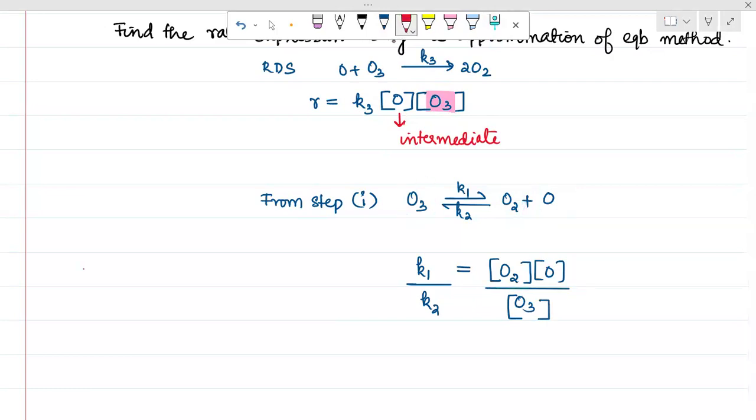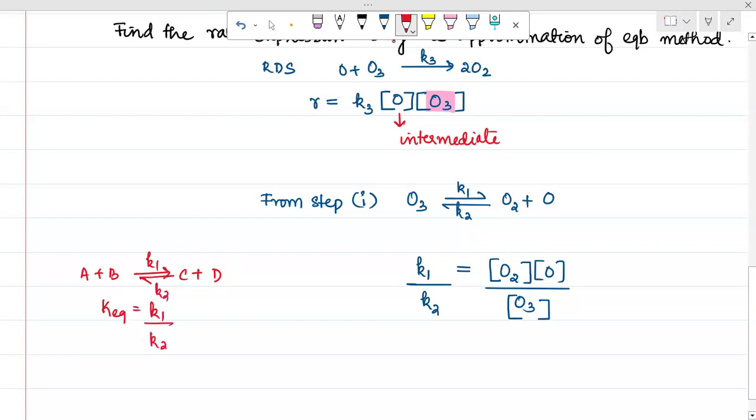Okay, so for any reaction, A plus B giving C plus D, the equilibrium constant is equal to the rate constant of the forward reaction divided by the rate constant of the backward reaction. If you want, we'll write that. K1, K2.